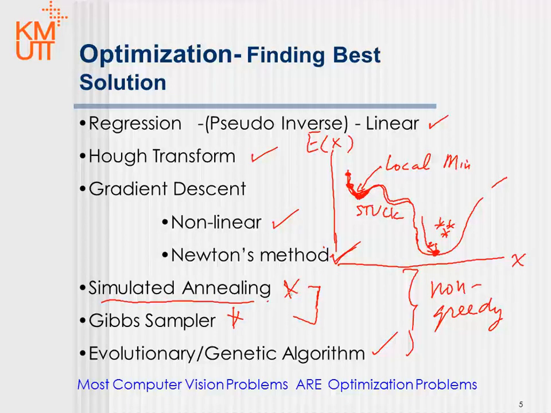So genetic algorithms and simulated annealing in general are not greedy, so they will find a way that's not always the best at every step, but eventually they try to get around this local minimum problem and seek a better solution. Not always the best solution at each step, but eventually it becomes a very good solution.